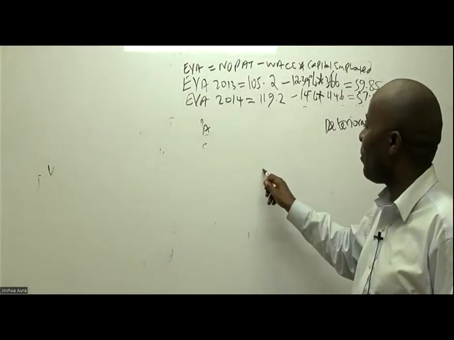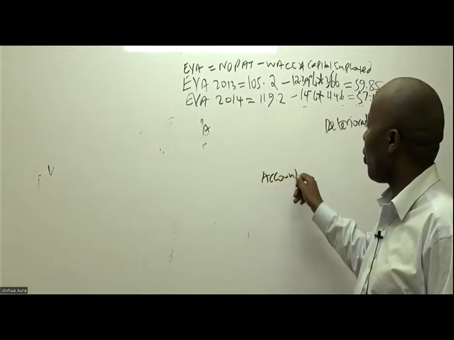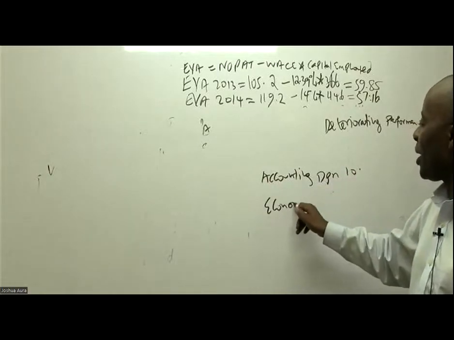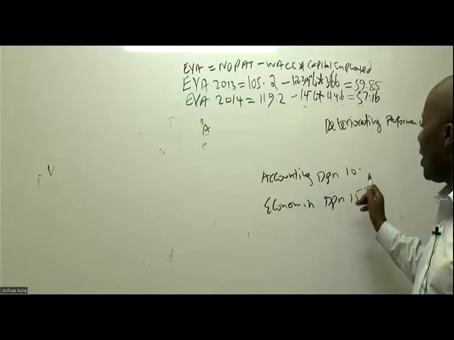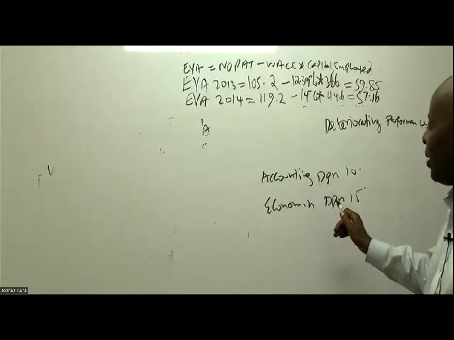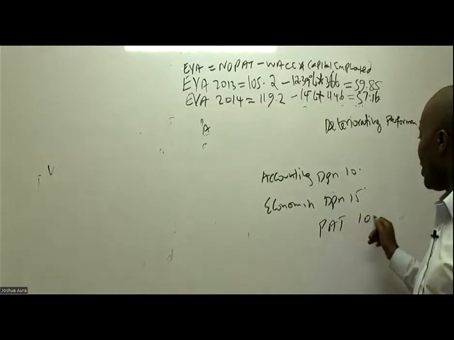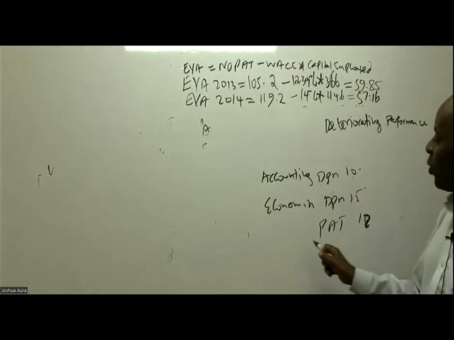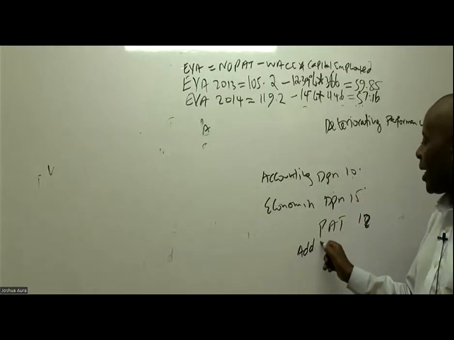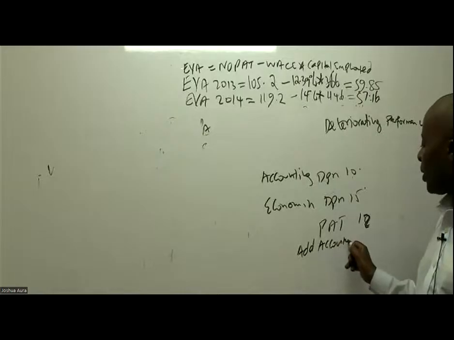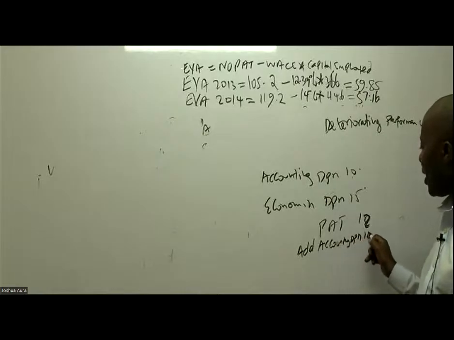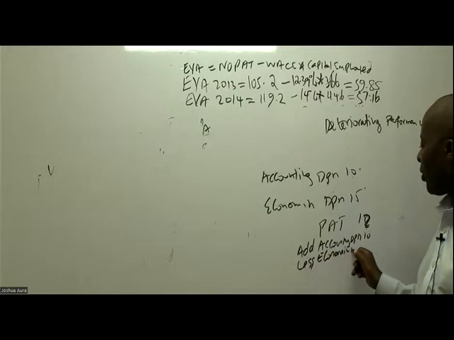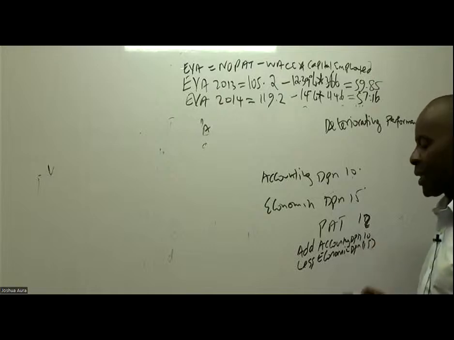If they told us that accounting or book depreciation is 10, and economic depreciation is 15, then in my profit after tax I would add back accounting depreciation of 10, because it's the bad one, and then less economic depreciation of 15.